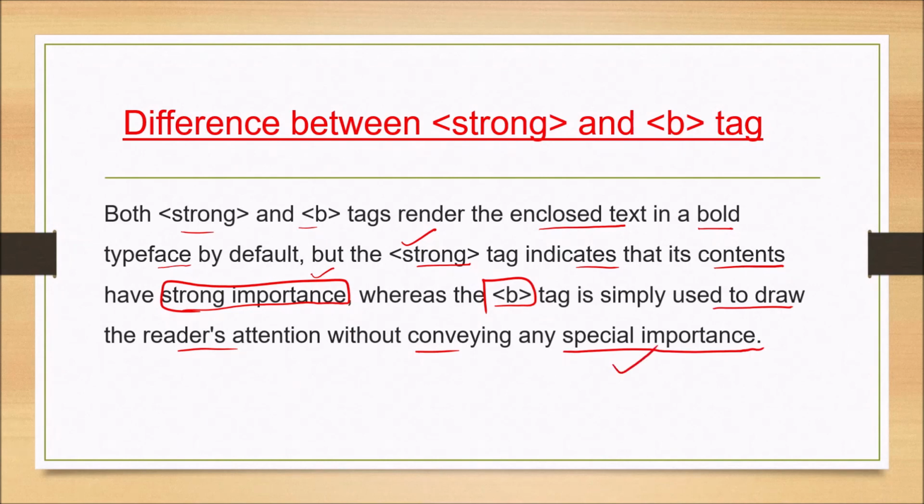On the website, obviously the output will be the same for both, but strong tag is used whenever the content has strong importance, and B tag is basically to draw the reader's attention, because we are making that content bold.